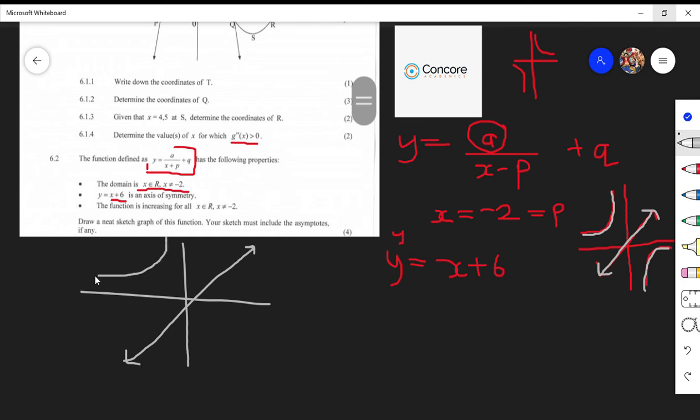And whenever a is negative, it's always in the second and the fourth quadrant. So in order to sketch the graph, we need to know which quadrants it's in. This information helps us get the quadrant, and it will also help us get our q value, which is our horizontal asymptote. Does that answer your question?